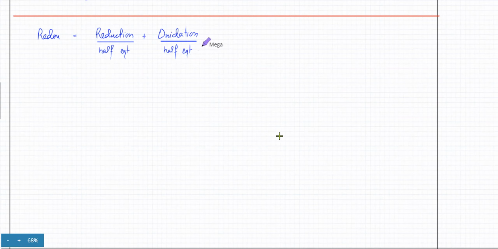But most of the time, you get the full reaction. Let's say I have this reaction: sodium reacting with aluminium, which is +3, and it produces Na+1, and at the same time it produces Al, right?